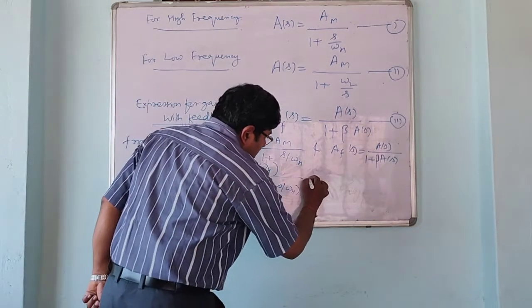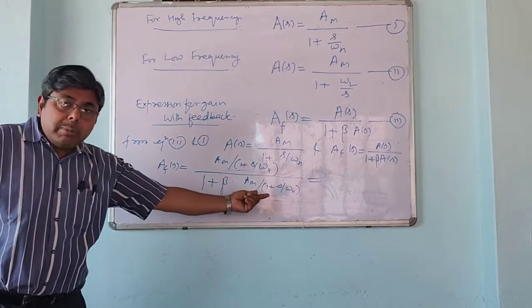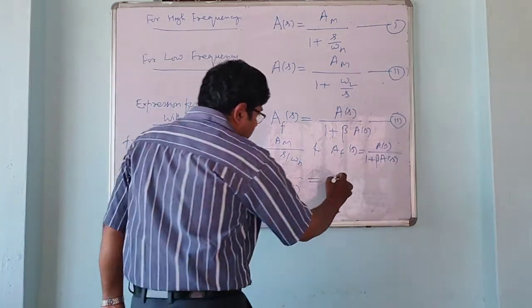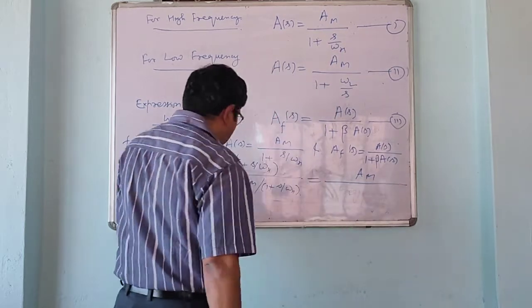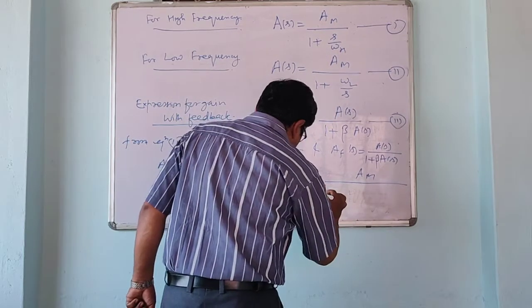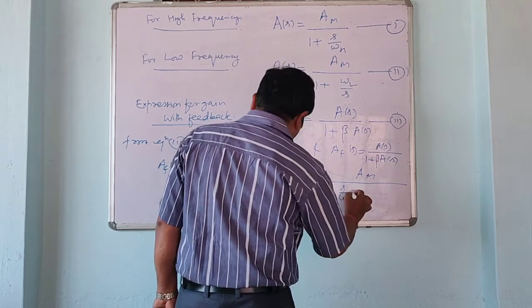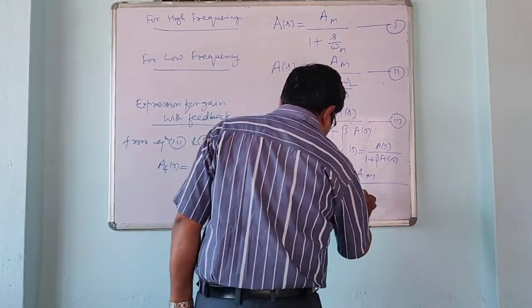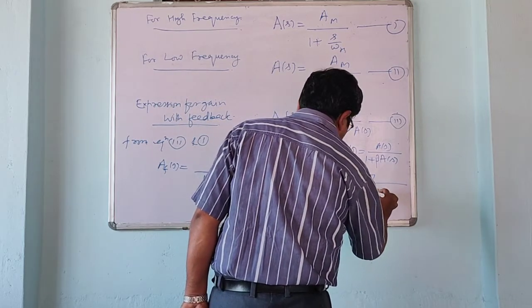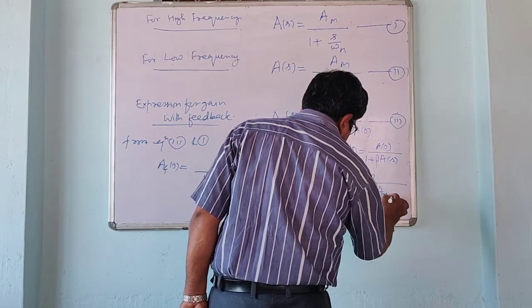After manipulating, we can write this equation. If we take LCM here, then we can write A_M upon, here this is multiplied 1 plus s upon omega H plus beta times A_M, or we can say this is the midband.